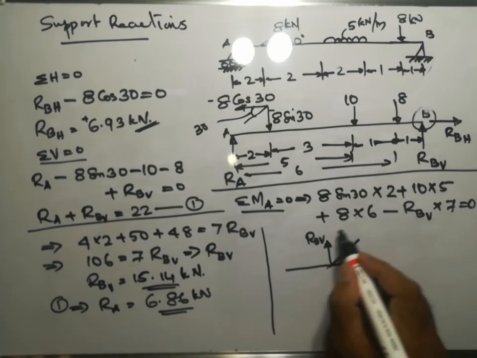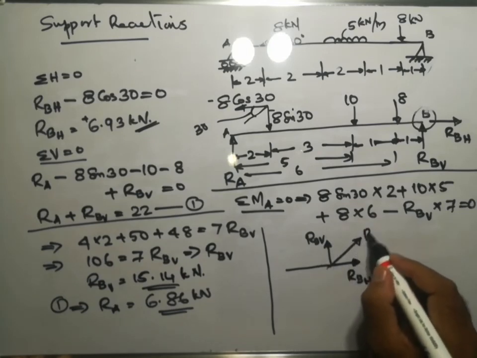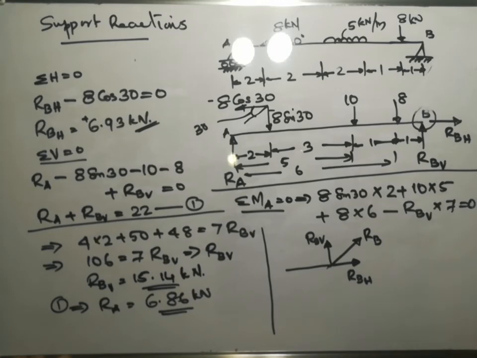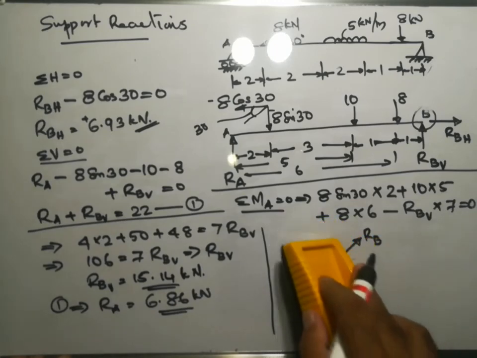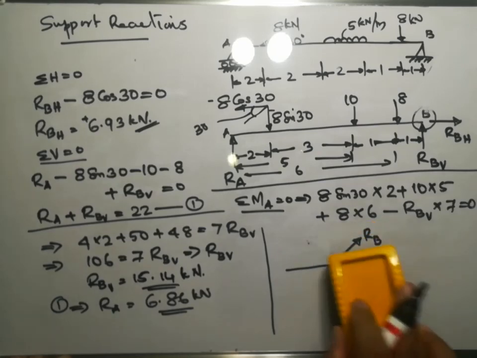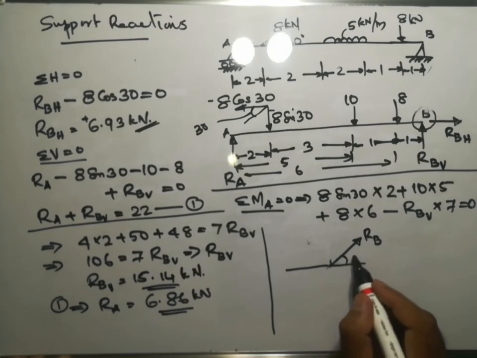We need to find out the resultant of these two components. That means this will be RB. The reaction will be acting like this, and this will be the angle theta. This is RB.